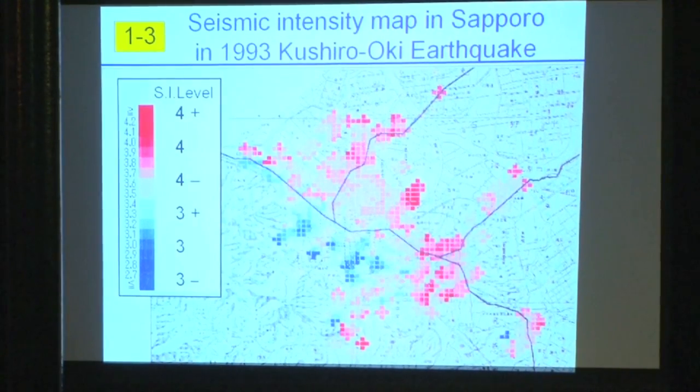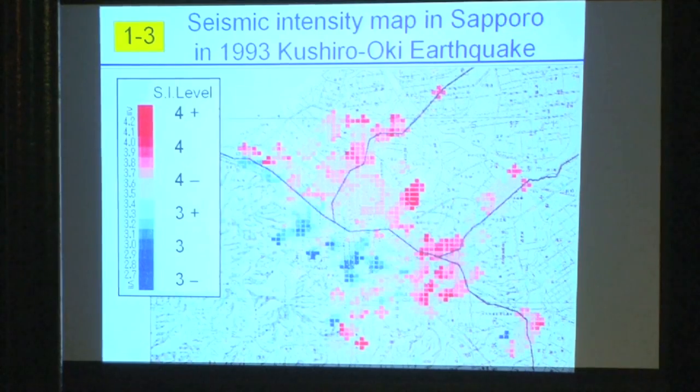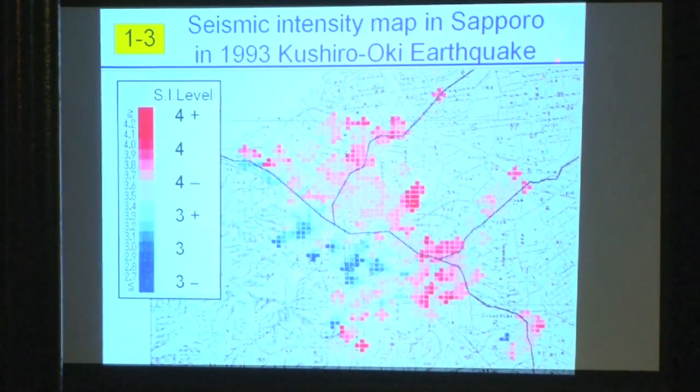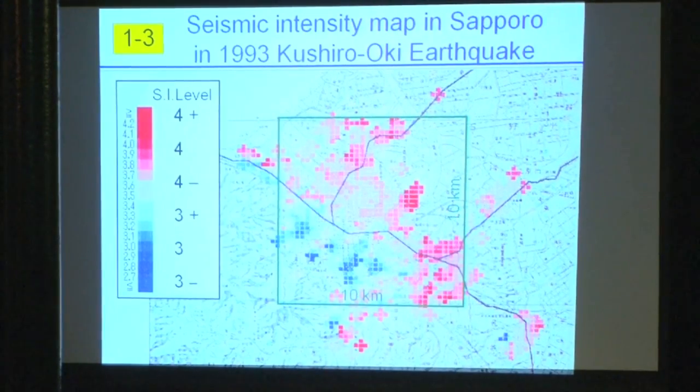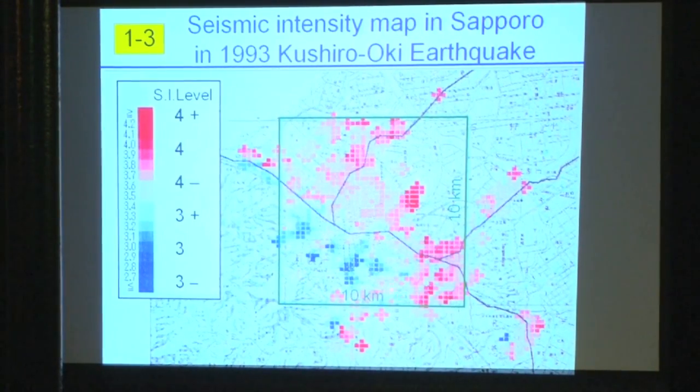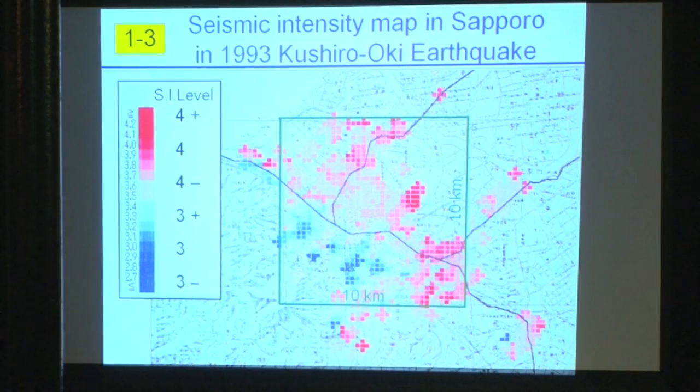However, seismic activity is different in small areas. For example, Sapporo. This square frame is 10 kilometers by 10 kilometers. Here is Sapporo station.